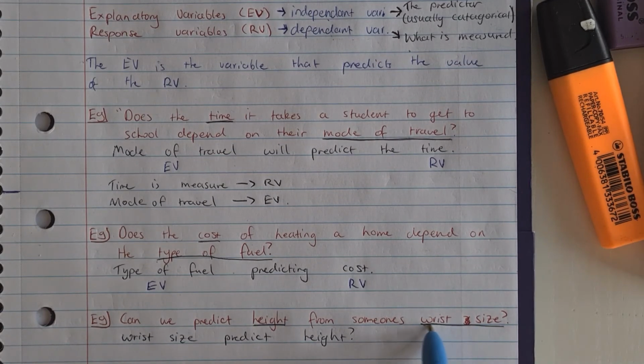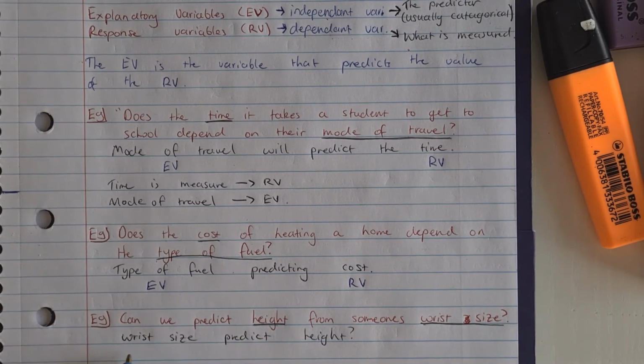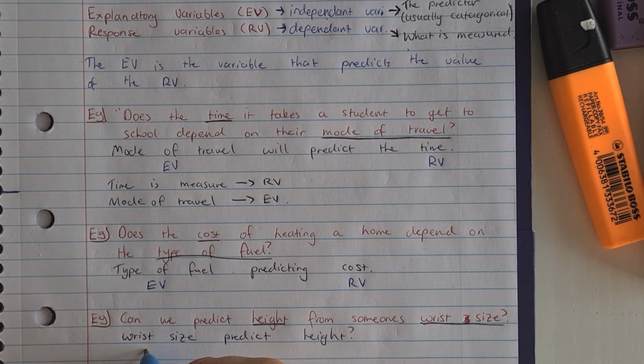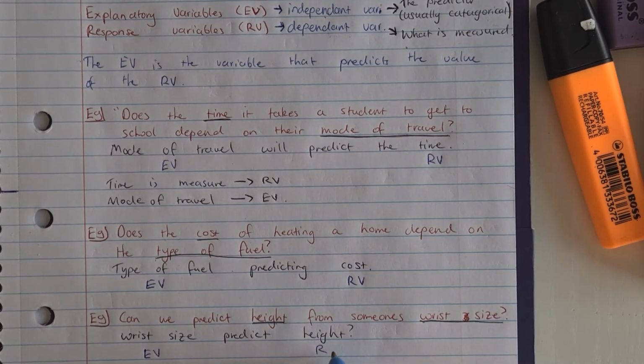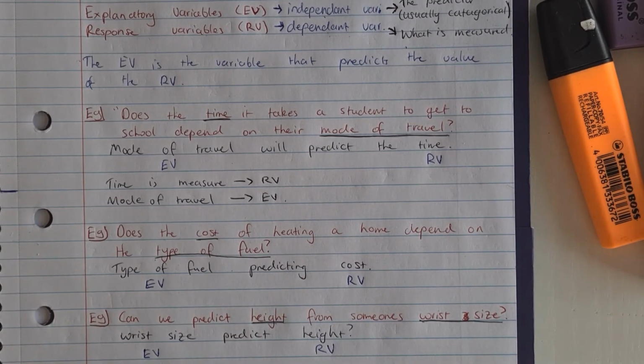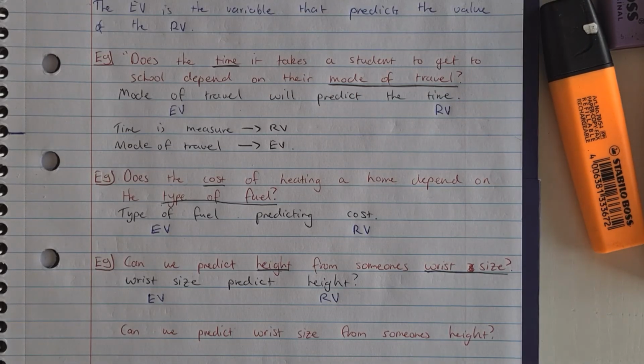Even though both these variables can be measured, it's asking wrist size predicting height. So we know, because of the way the question's worded, the wrist size is our explanatory variable and the height is our response variable.